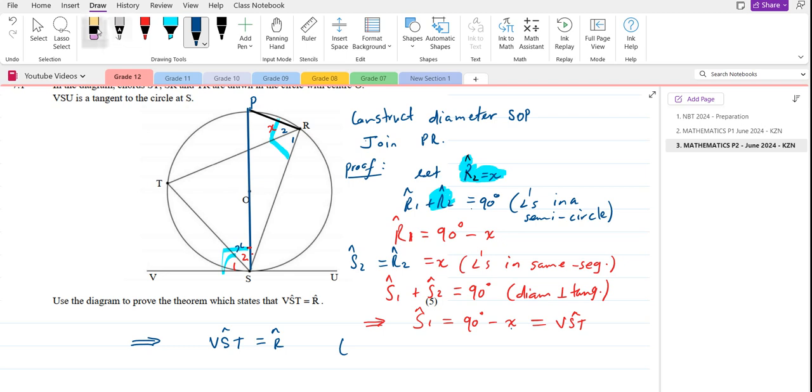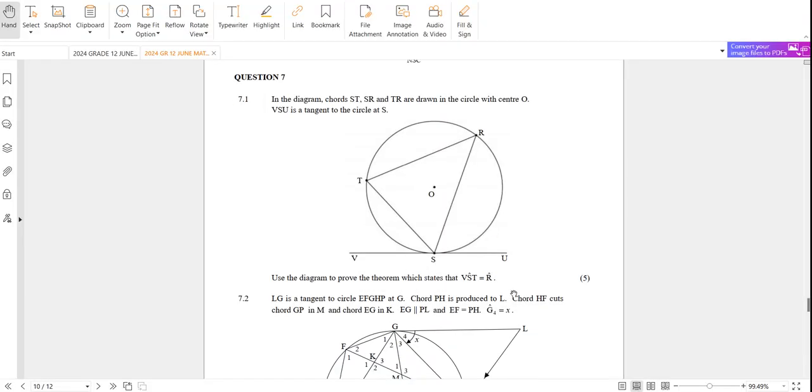You shouldn't say angle R, use three-point notation: TRS. VST equals TRS. I hope you guys understand. Let's move on to the next question. We wasted a lot of time on that.